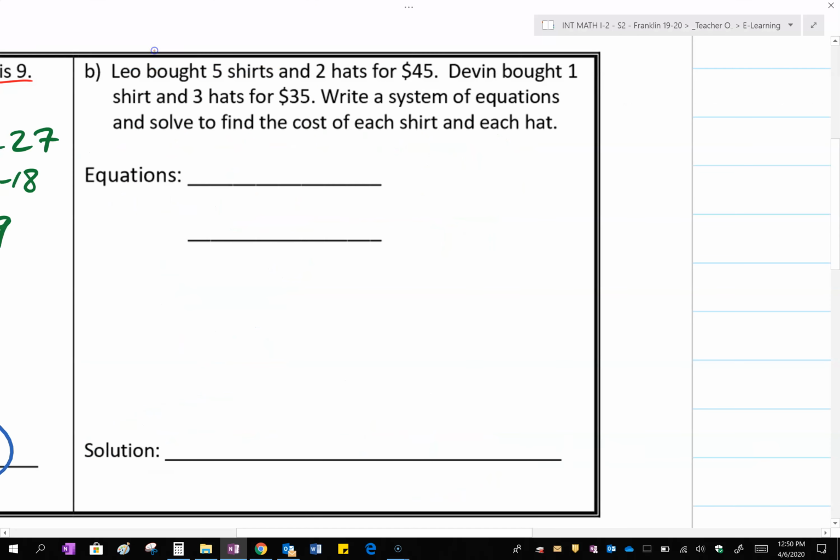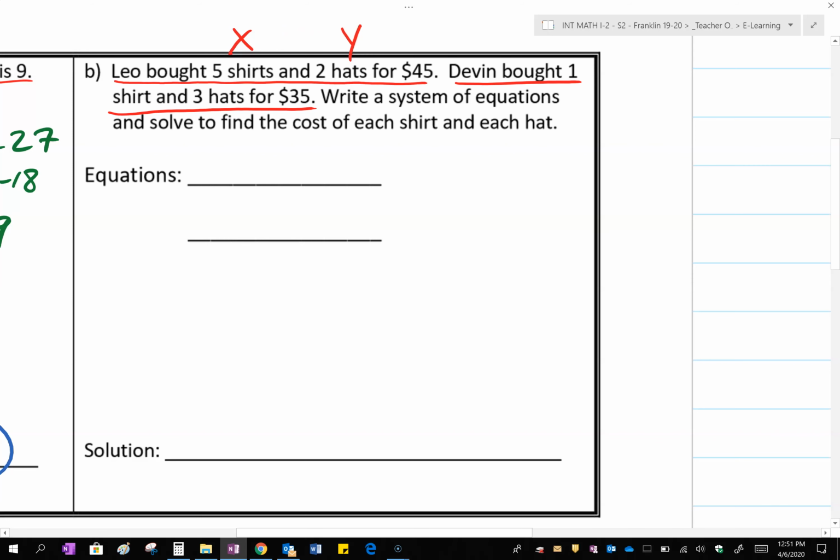Leo bought 5 shirts and 2 hats for $45. Devin bought 1 shirt and 3 hats for $35. Those are your two equations right there. Write a system and solve. We're trying to find the cost of each shirt and each hat. So let's go ahead and make shirts x and hats y, and they'll be that for both equations.